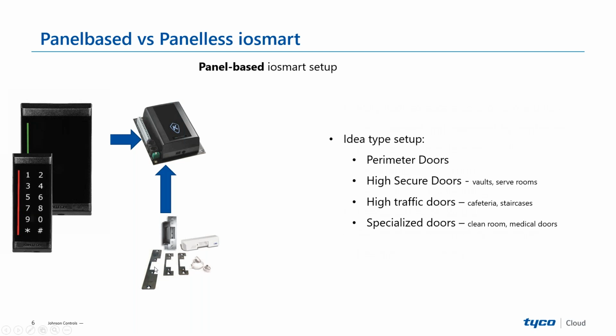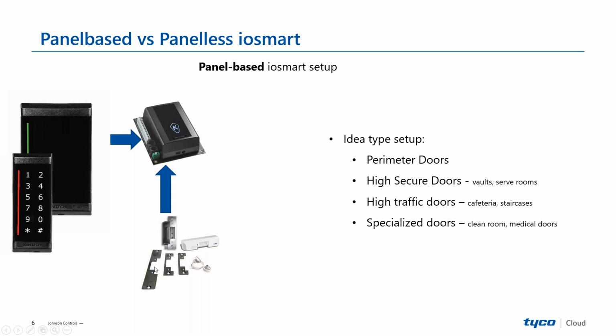Also, a panel-based environment is typically for perimeter doors or high secure doors for vaults and server rooms. You want that instant notification that something broke in, right? High traffic doors, with the high turnover of people just swiping the card over and over.